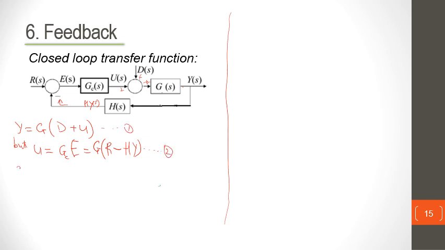So if you take 2 into 1, we have y being equal to g times (d plus u), but u is equal to gc times (r plus h y), big bracket. So this is negative.